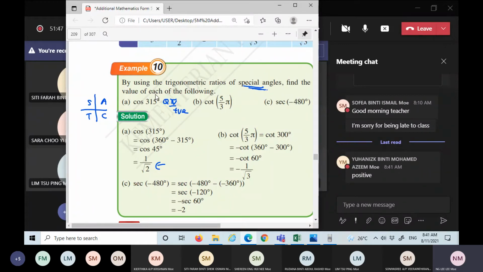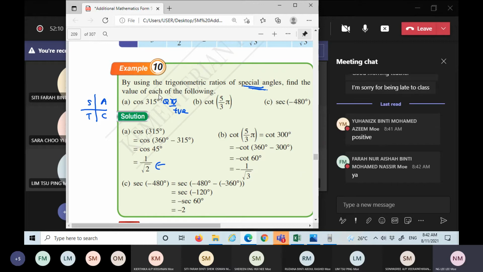Show me the step and tell me the answer. If you understand what I explained just now, actually the answer is given. Farah? Can you answer my question, Farah? How to get the reference angle of 315? Show me the step.